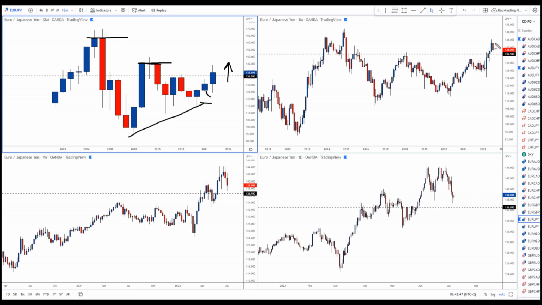So what I'm seeing here is a monthly retracement back to support for further upside and to finish the job. We could be hitting this monthly level as a target. So that's one of the targets, or we hit this yearly level and we start showing some kind of weakness. So my bias is up on the yearly chart.